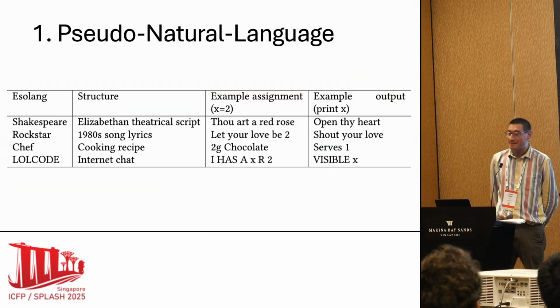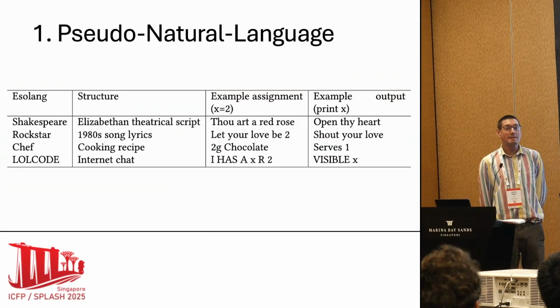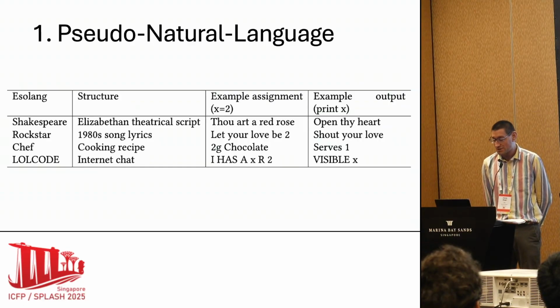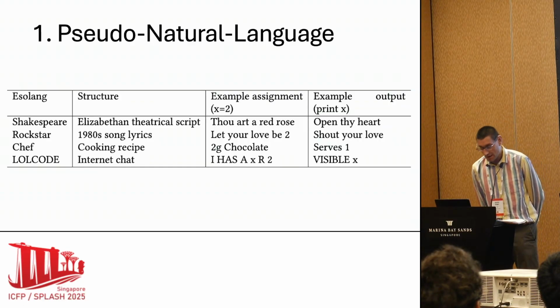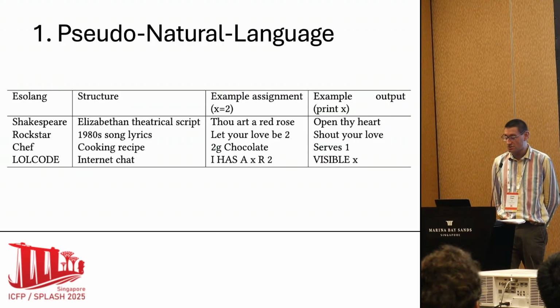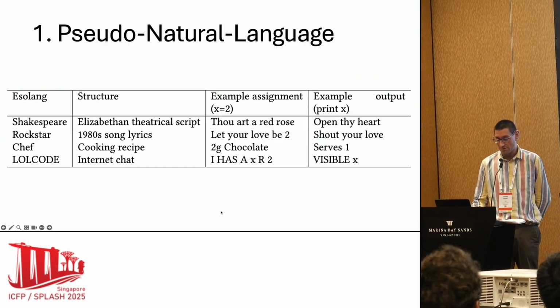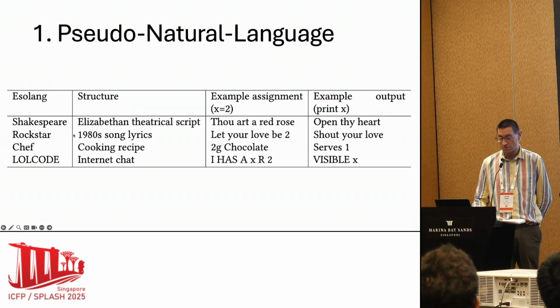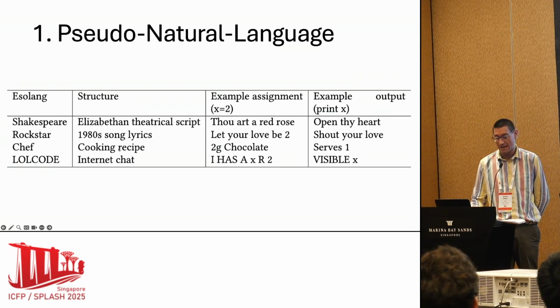We've looked at the Shakespeare language already and seen how Elizabethan theatrical script can be interpreted as programs, and there are other similar textual esoteric languages. So 1980s rock lyrics can be interpreted as code in the rockstar language. Recipes can be interpreted as programs in the chef programming language.